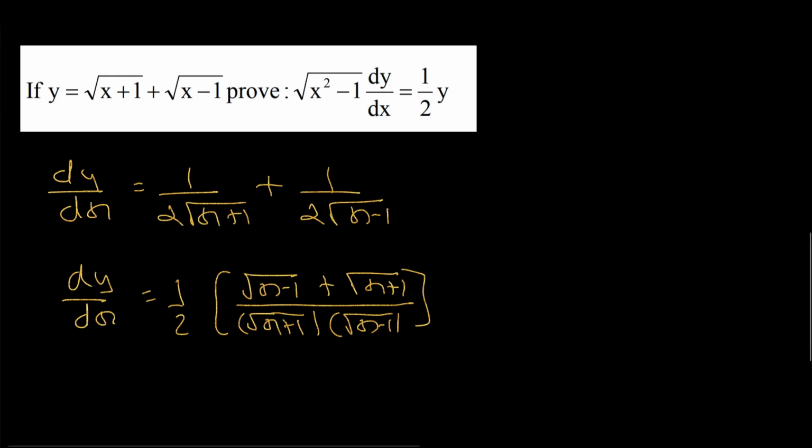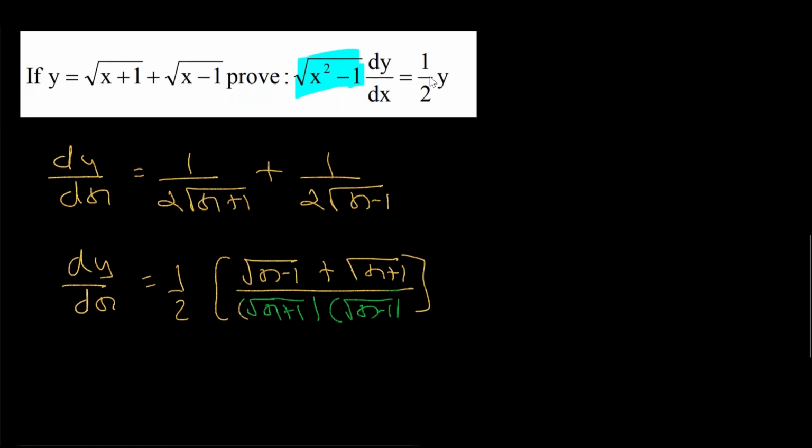Now we need this on the left hand side, which can be obtained from this. This is dy over dx is equal to half. One more thing to observe, we need a y over here, and this is equal to y.